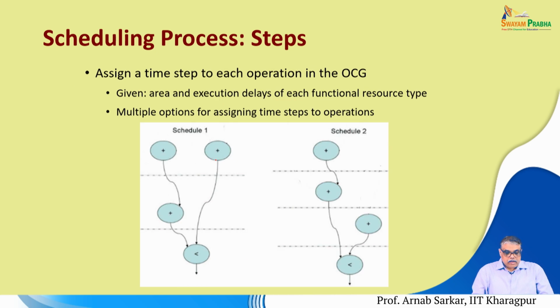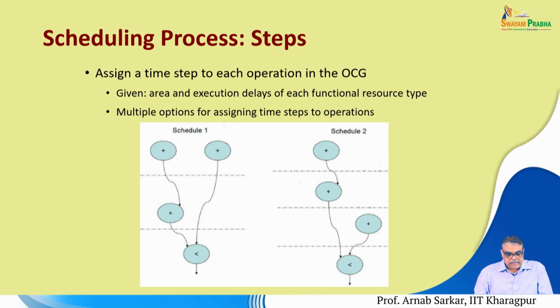Okay. Now, before going into understanding exact scheduling strategies, we can see that different schedules obtained using scheduling strategies can have varying effects on the cost and performance of the hardware design.